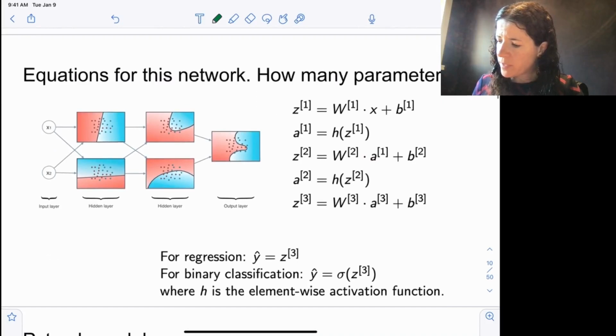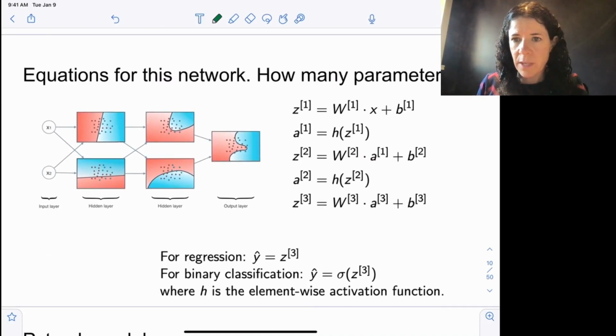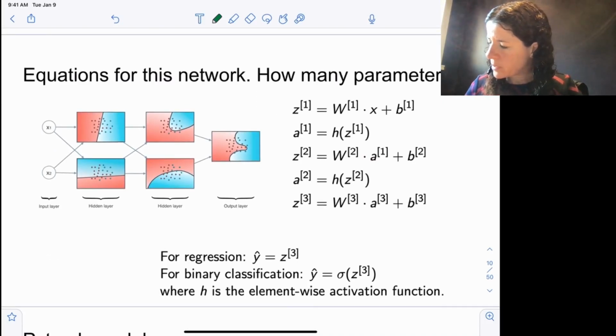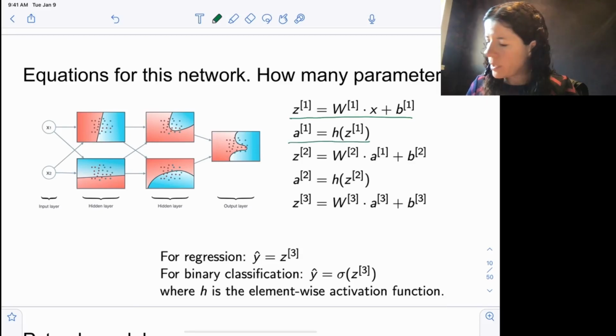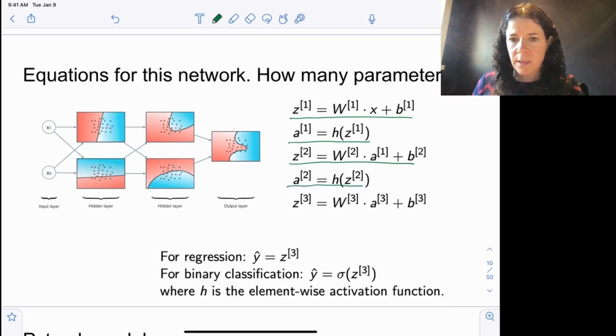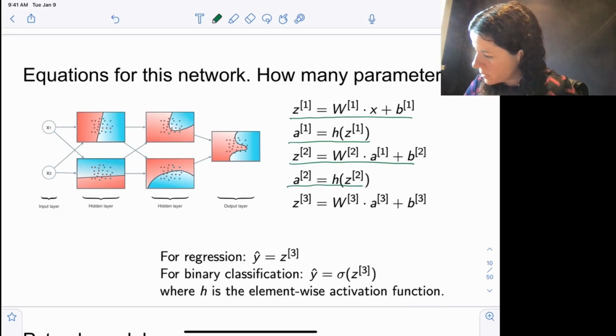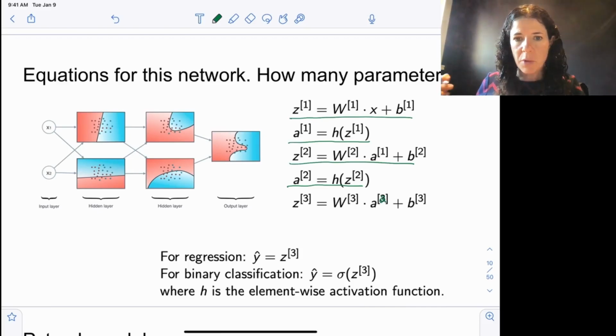So if we think about the equations for these networks, right? So far we basically talked about how to compute z1, and then how from there to compute a1, right? And then how to compute z2, and from them how to compute a2. But there is nothing that tells us we cannot keep going. Actually, there is a typo here, and this should be a 2. So we could keep computing these different things.